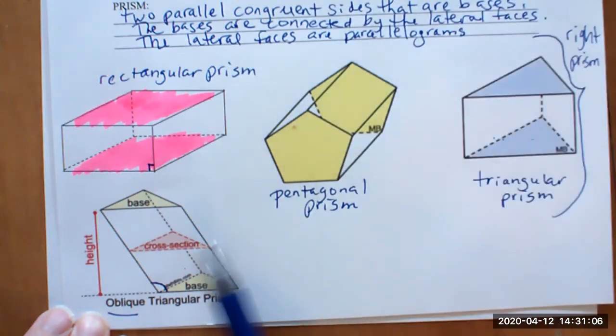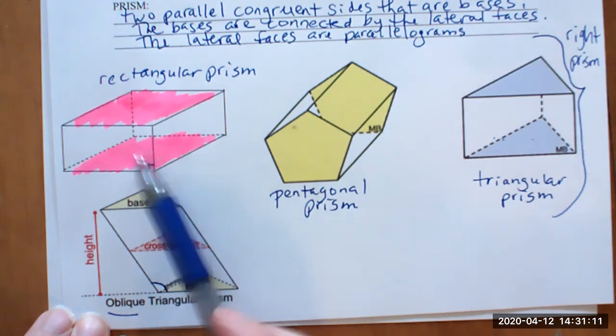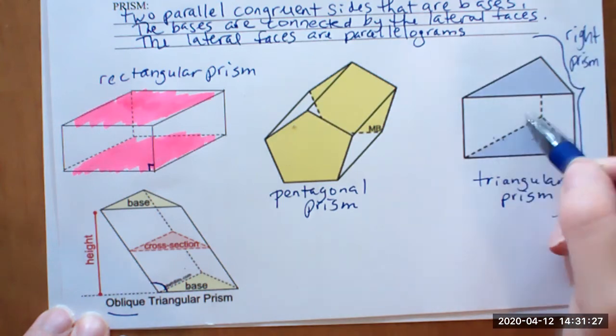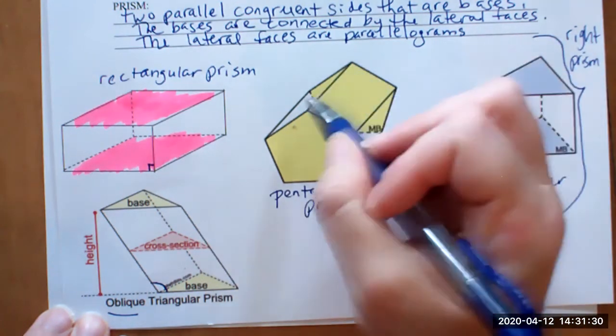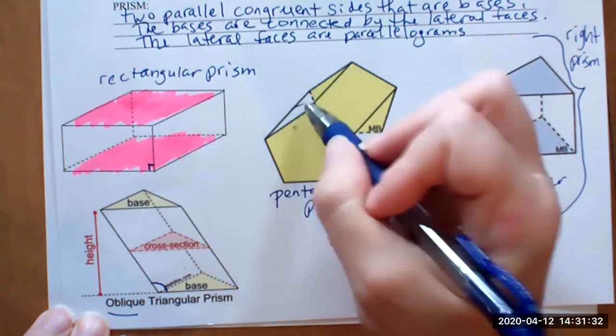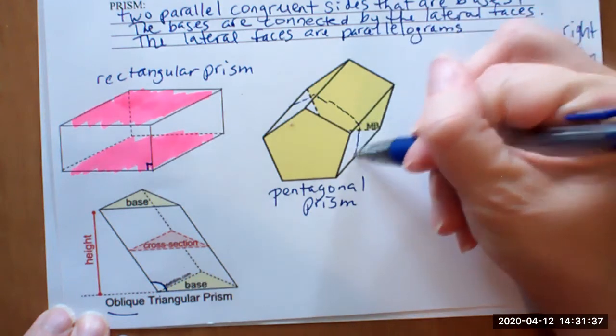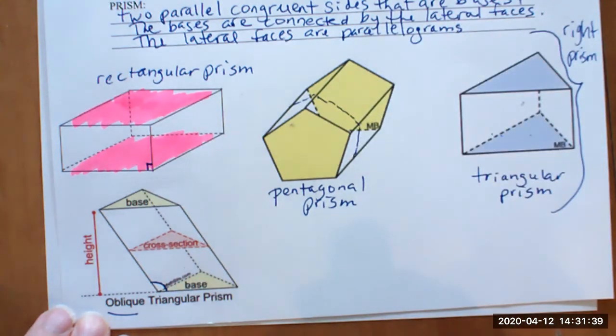Also, another thing that was interesting in this diagram, and this is not just true of oblique prisms but of all these prisms, is that I can slice into the solid and get a cross section, and that cross section is going to be congruent and parallel to the bases. I could do the same thing with any one of these figures. For example, right here, I could create another pentagon sliced right through there.